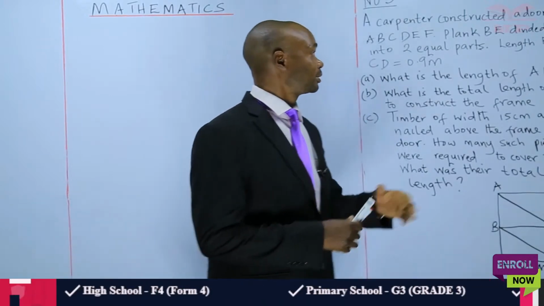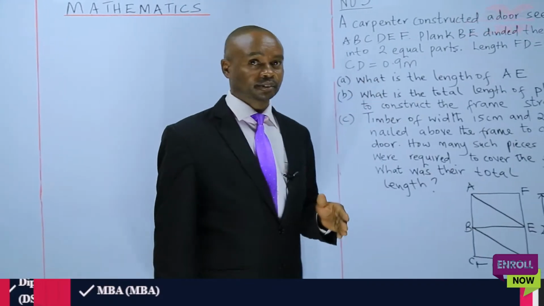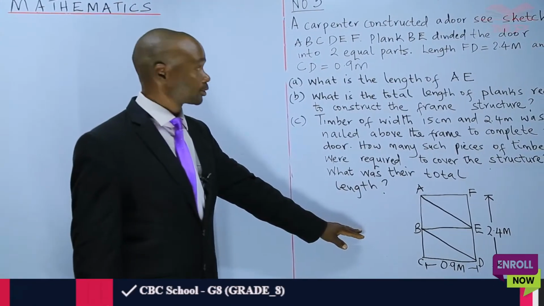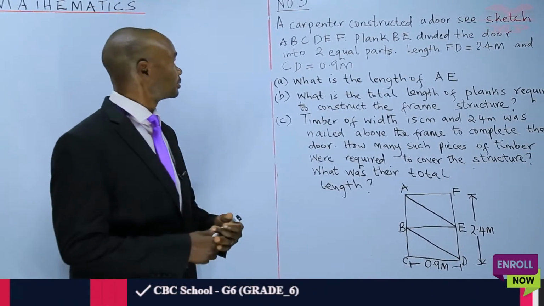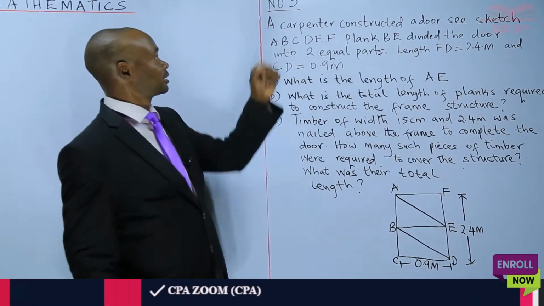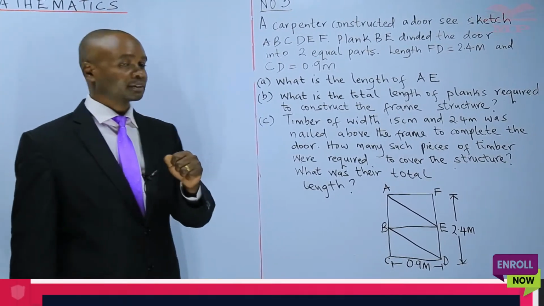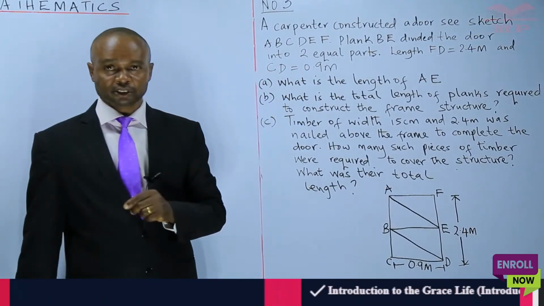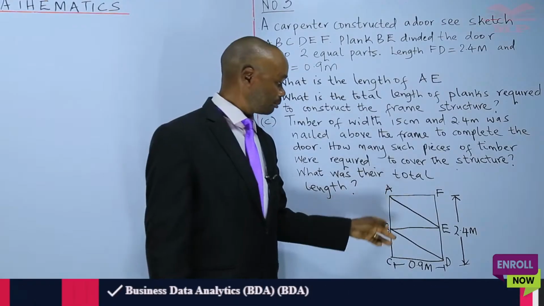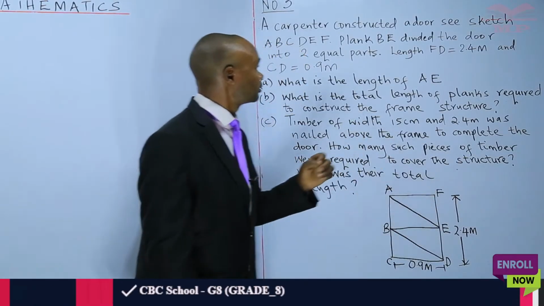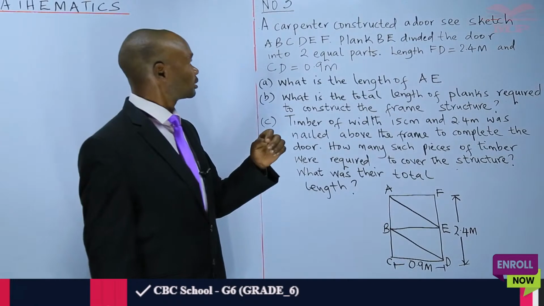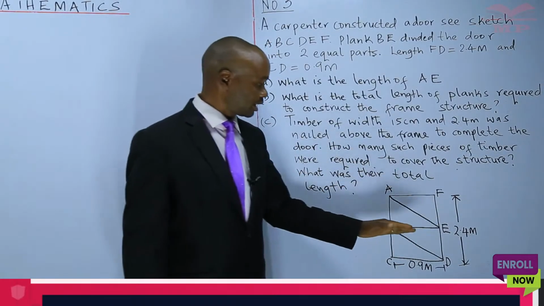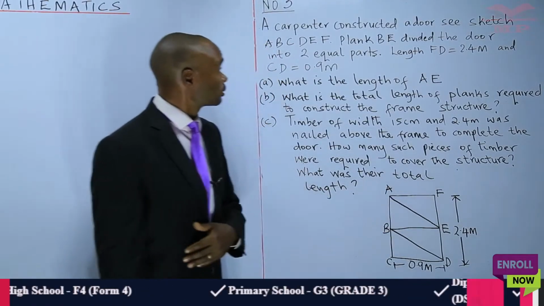If you look on the board, we have that question and we'll go through it before we solve it. It was question number 3, and the question goes: a carpenter constructed a door sketch as shown in the sketch A, B, C, D, E, F. Your father told plank BE divided the door into 2 equal parts.